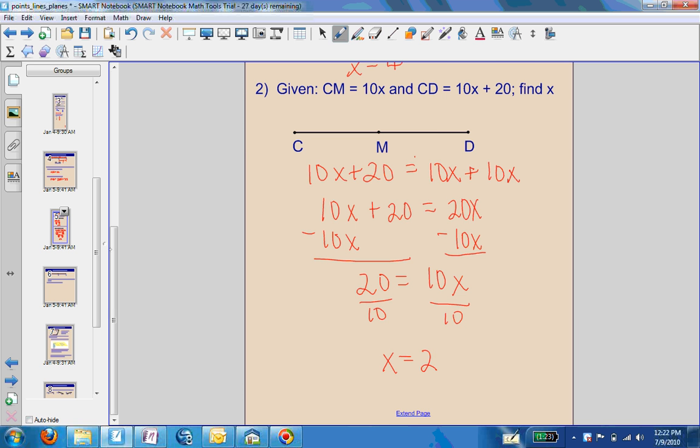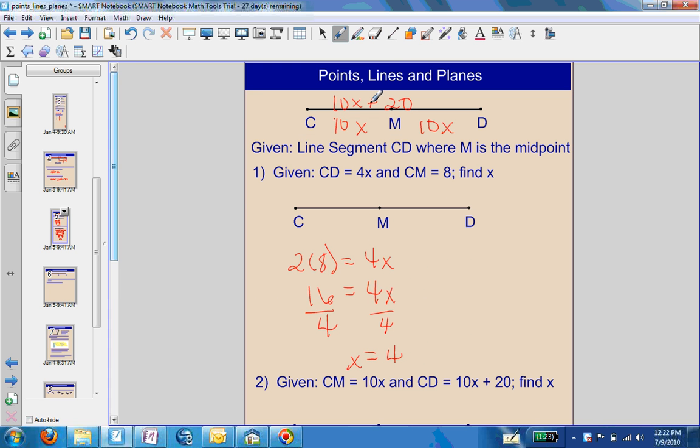And I can double check this. So if I put 2 in the place of x, here I'd get 20 plus 20, which is 40. And if I put 2 in the place of x here, I'd get 20. Same thing here, and that does equal 40. So I did it correctly.